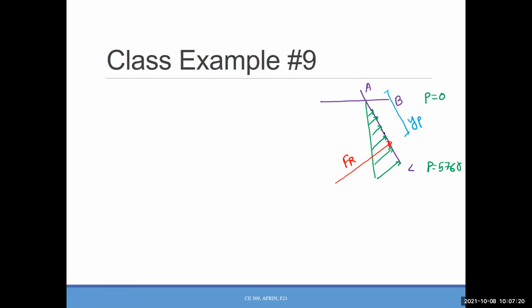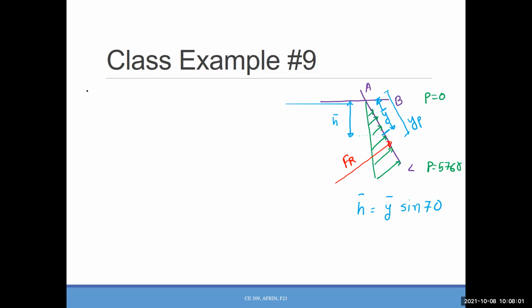Rather, I will find the centroid of this trapezoidal area, Y bar. And the corresponding vertical height will be H bar, right? And what is the relation between Y and H? We established it in our last class. They are not equal, yes. So H equals Y times sine 70. For prime, it will be prime also.